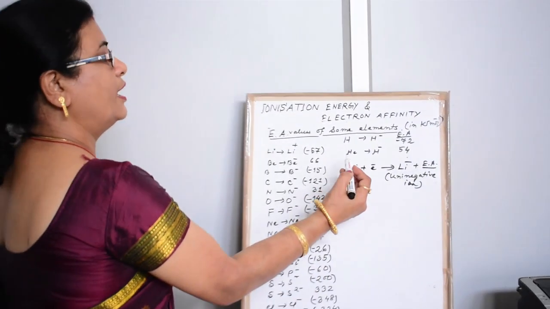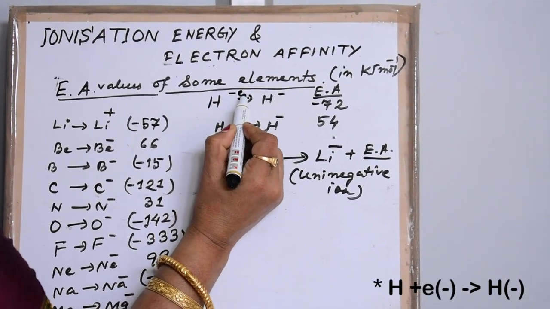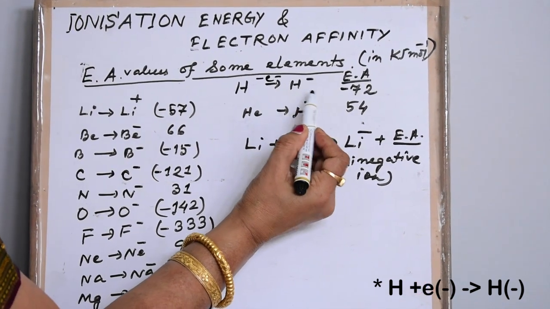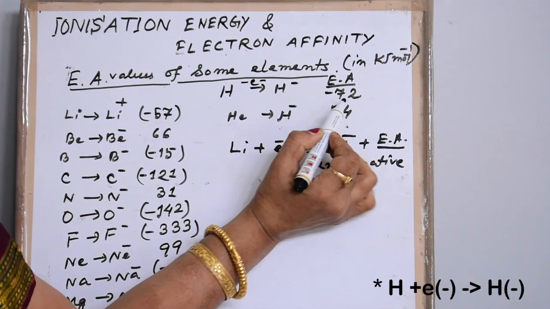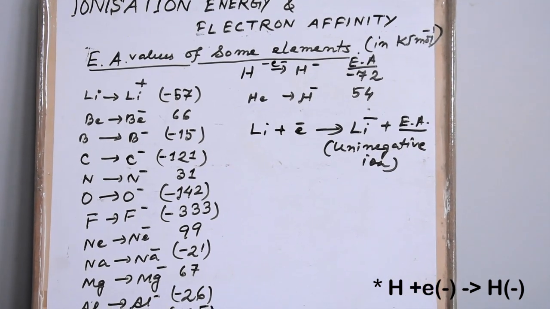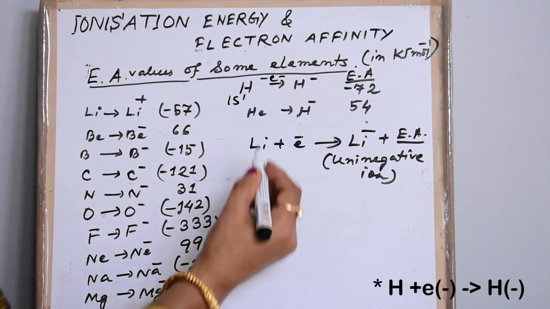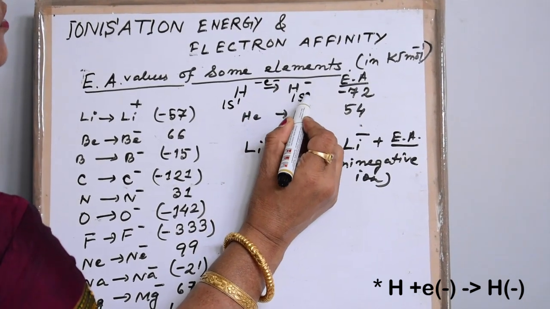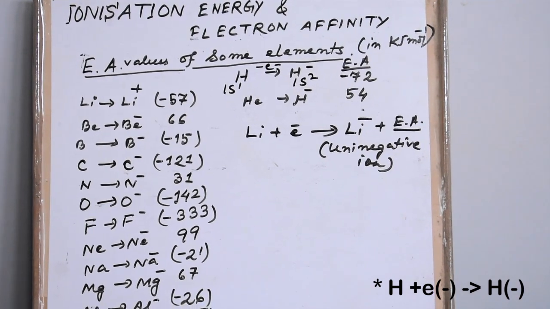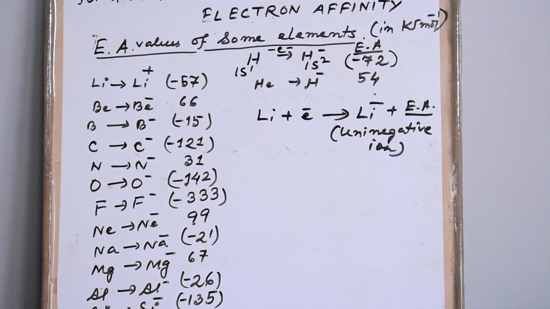In the case of hydrogen, when we add one electron to form H minus, it will release minus 72 kilojoule per mole. That means it has electronic configuration 1s1. After forming H minus, it will acquire 1s2 electronic configuration. The energy will be released in this case.